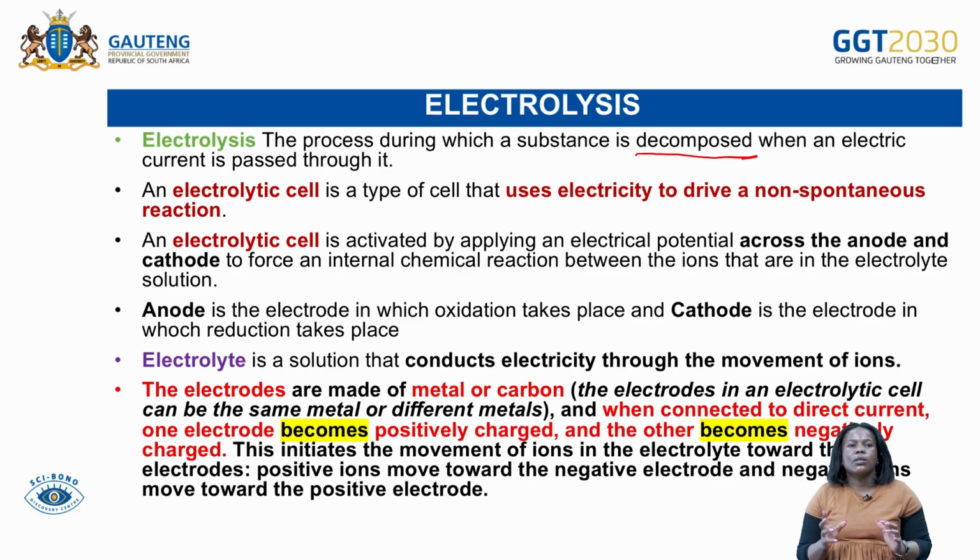We're going to say an electrolytic cell is activated by applying electrical potential across the anode and cathode, which is basically what we've been saying, that it cannot happen spontaneously, meaning it cannot happen on its own without the power supply, without the electrical supply. The reaction cannot happen on its own. So it has to absorb this energy so that it's able to drive the reaction forward, okay?